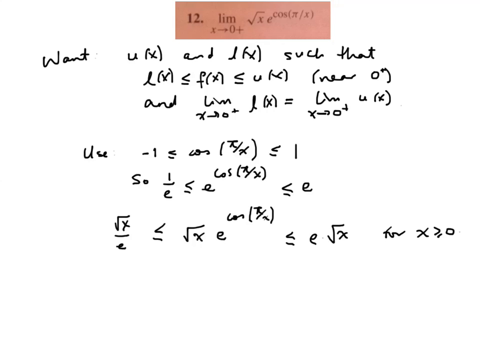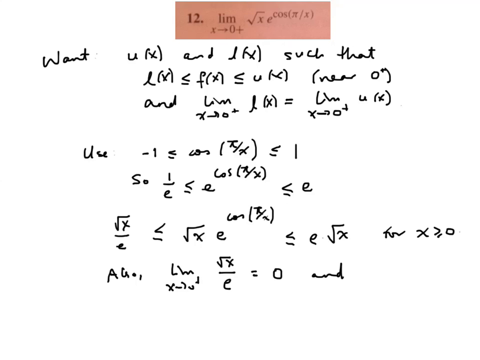And we also have that the limit as x goes to 0 from the right of the square root of x over e is 0, right? Because e is just a constant. So if we plug in, this is a continuous function, we'll get 0 over e, which is 0.